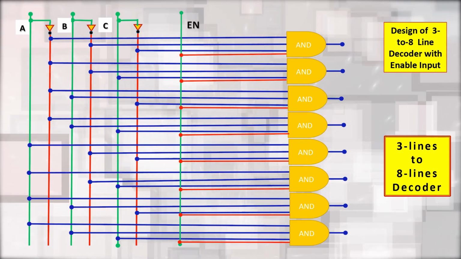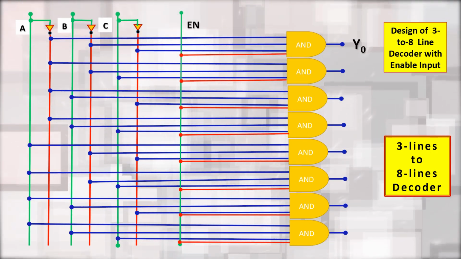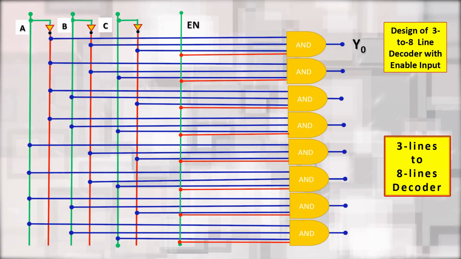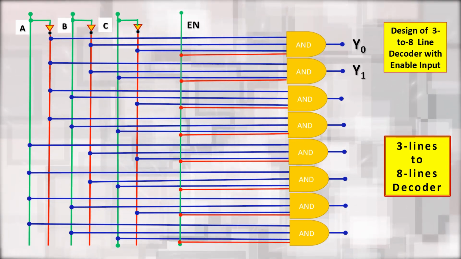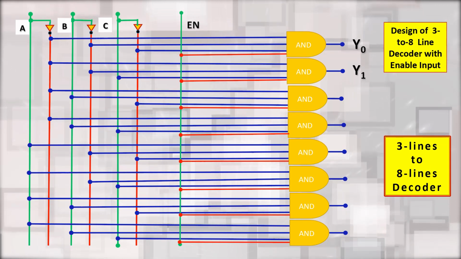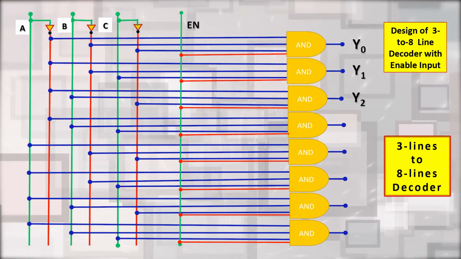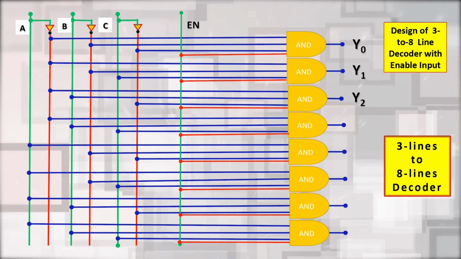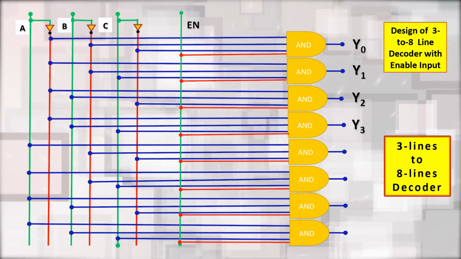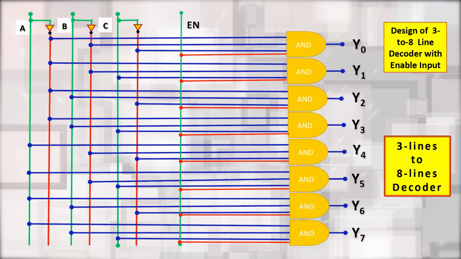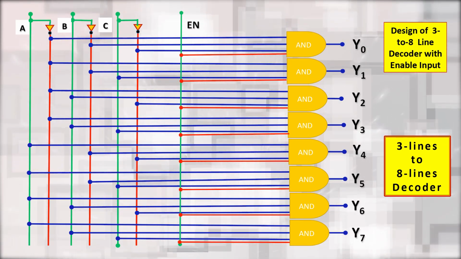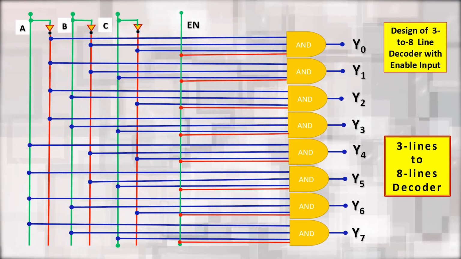Now, this enable input is connected to all the 8 AND gates, and the inputs A, B, C are accordingly connected. For the first output it is A bar, B bar, C bar. For Y1 output it is A bar, B bar, C. For Y2 output it is A bar, B, C bar, and accordingly all the connections of the AND gates are done as we have done in the previous case.